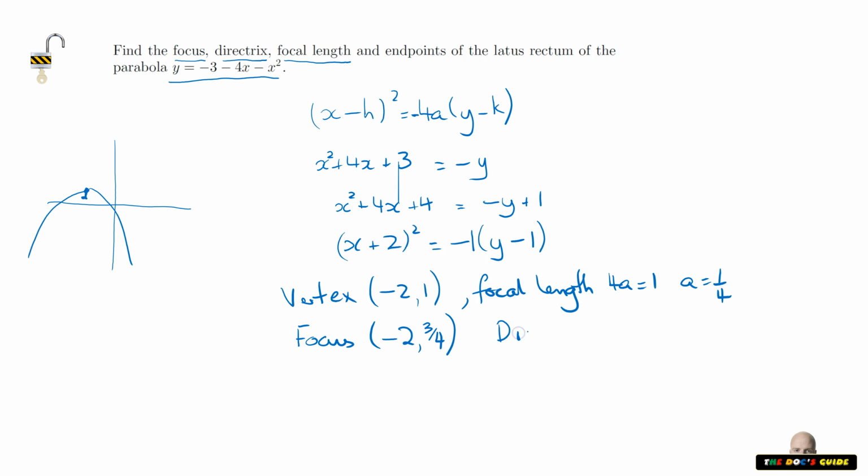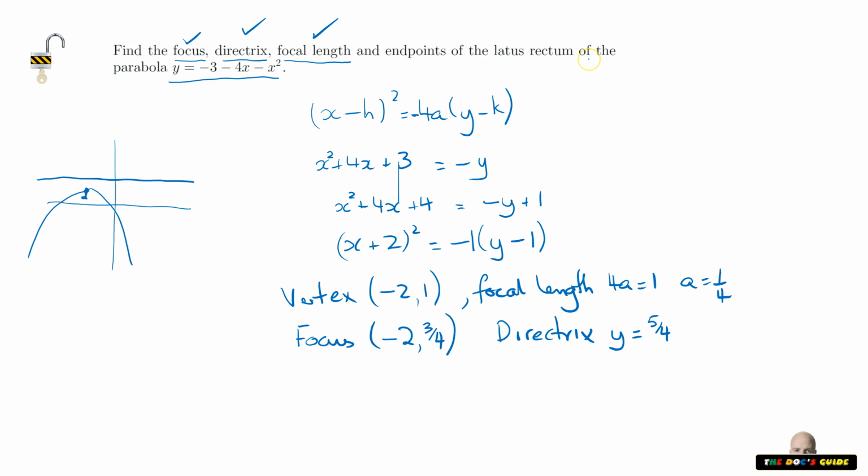The directrix is going to be the line above the vertex, and it will be the line y equals 1 and 1/4, or 5 on 4. So we've got this, this, this.